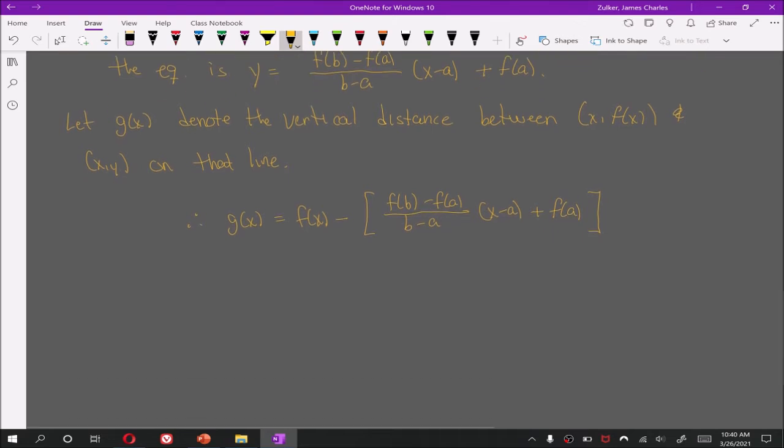Now, these two graphs are going to intersect at x equals a and x equals b.